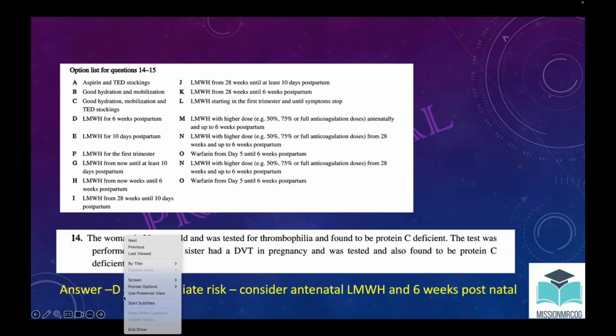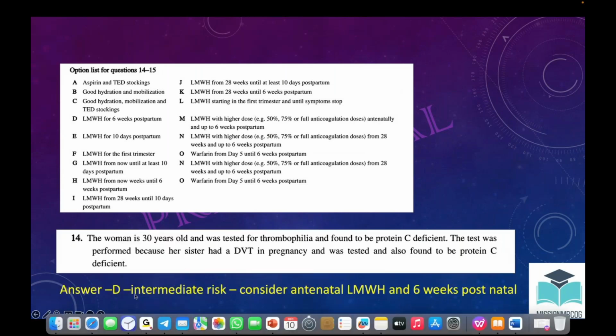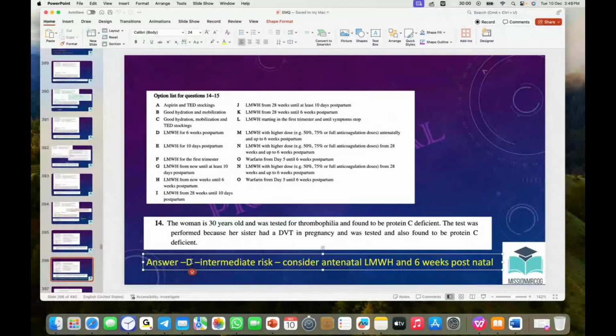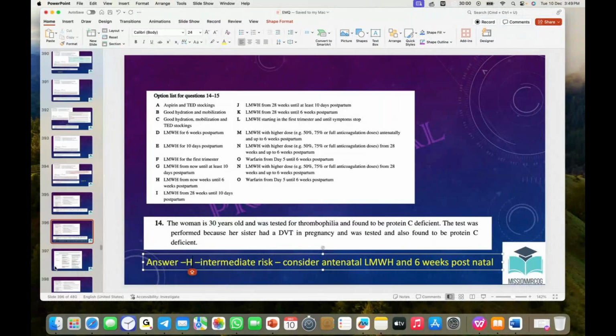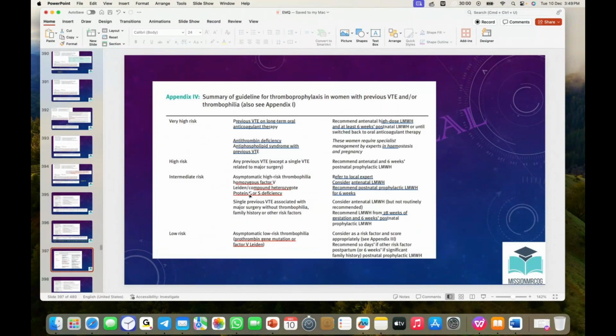Yes, so the answer should be H, because if you see from here, this is the protein C and S deficiency, and the patient comes in this category. The patient has asymptomatic high risk thrombophilia, so the patient is at intermediate risk.